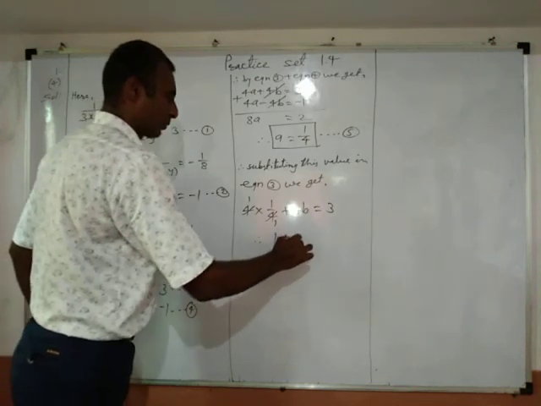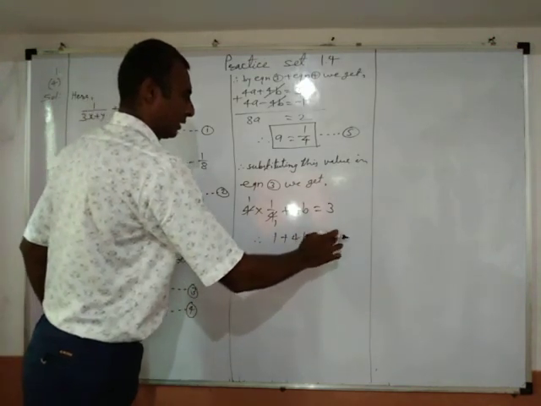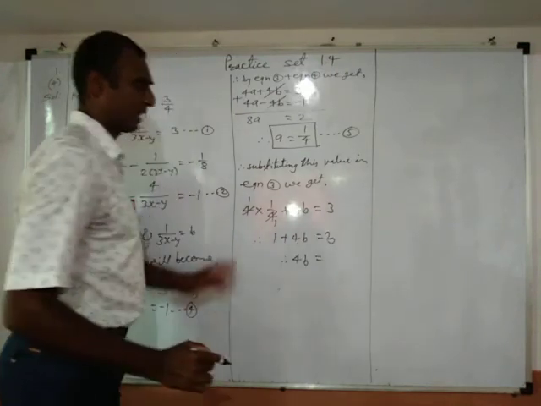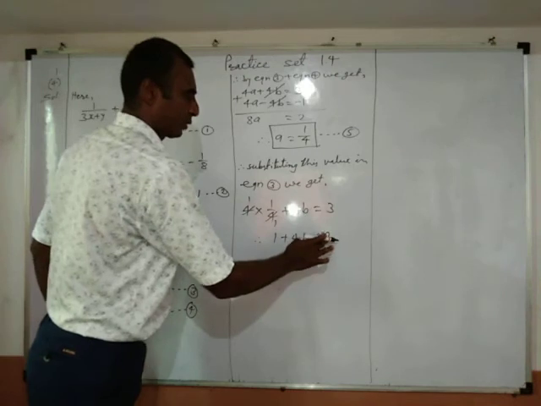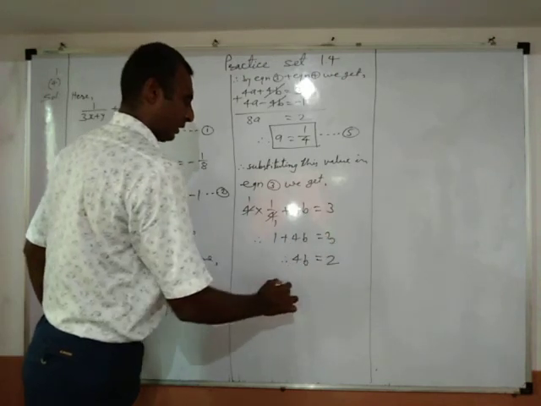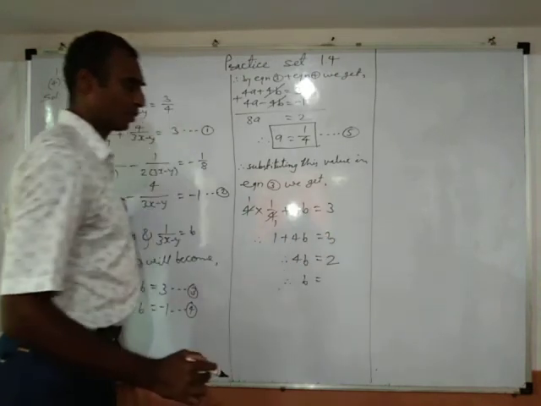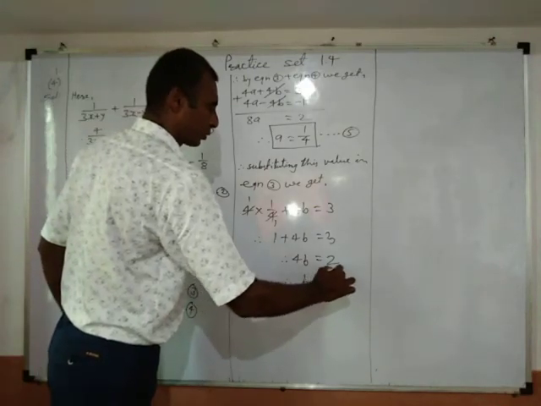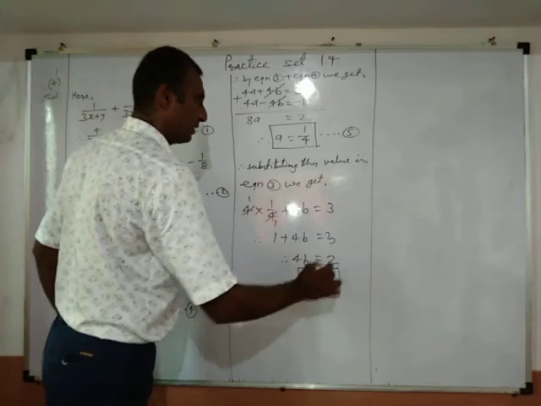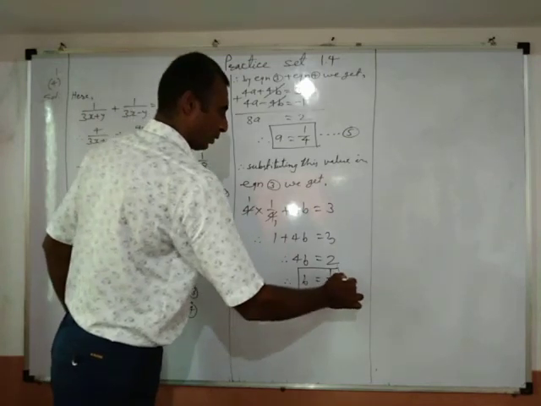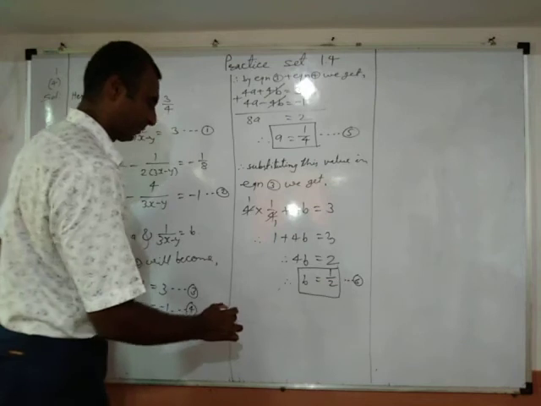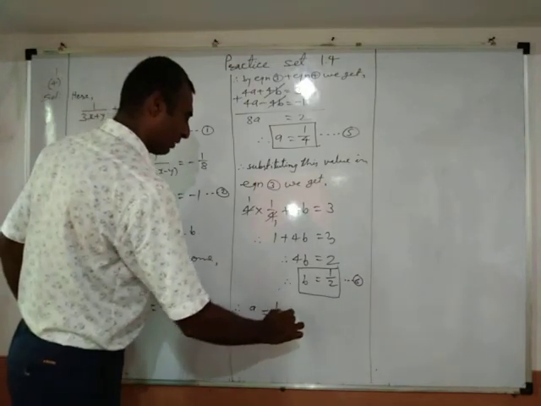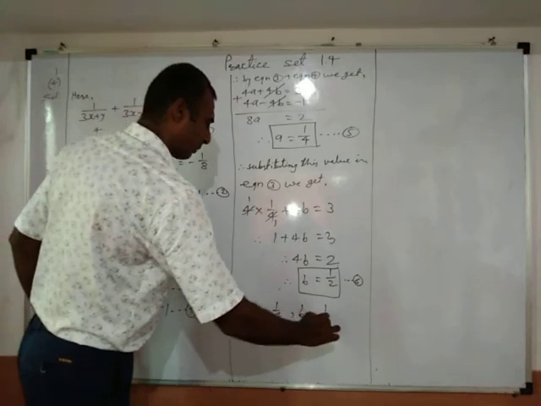Therefore 1 plus 4b equal to 3, and therefore 4b equals 3 minus 1. 3 minus 1 is nothing but 2. Therefore b equals 2 upon 4, and 2 upon 4 means 2 ones are 2, 2 twos are 4. Value of b is 1 by 2. Equation 6. And therefore a is 1 by 4 and b is 1 by 2.